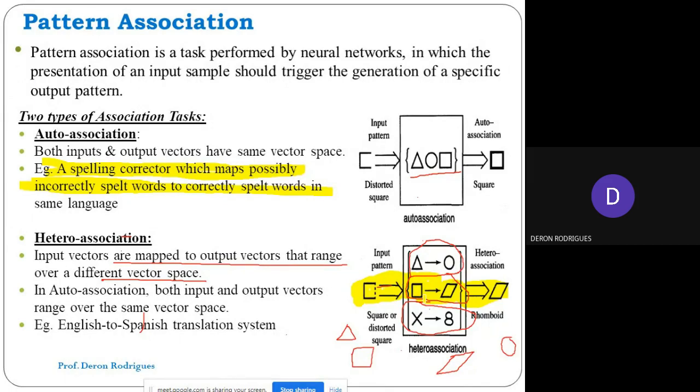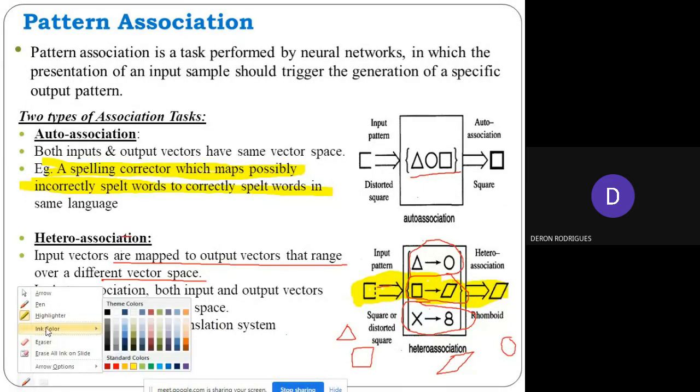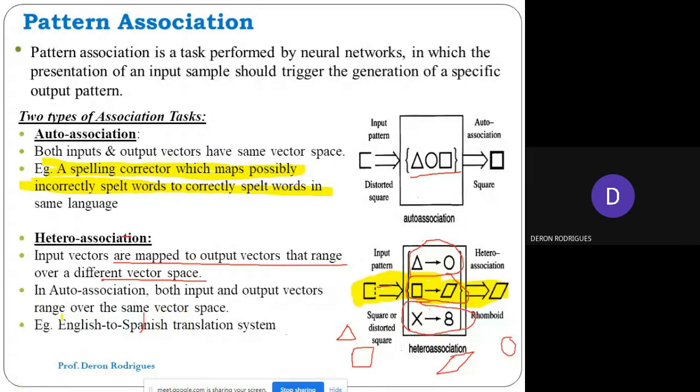So in both cases you can give distorted input patterns as well. One more thing is that in hetero association, you need not always give a distorted pattern, but you can give a proper pattern as well.